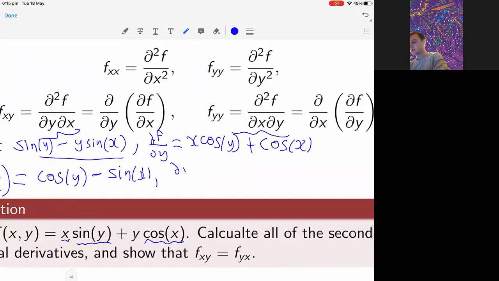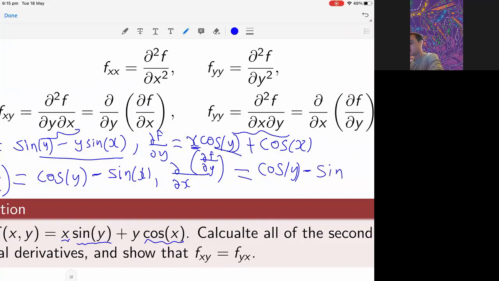On the other hand, the derivative of f with respect to y with respect to x, this is equal to cosine y, because cosine y just comes out the front, and the derivative of x is just 1. And then we've got to differentiate cosine of x, but that just gives us minus sine of x.